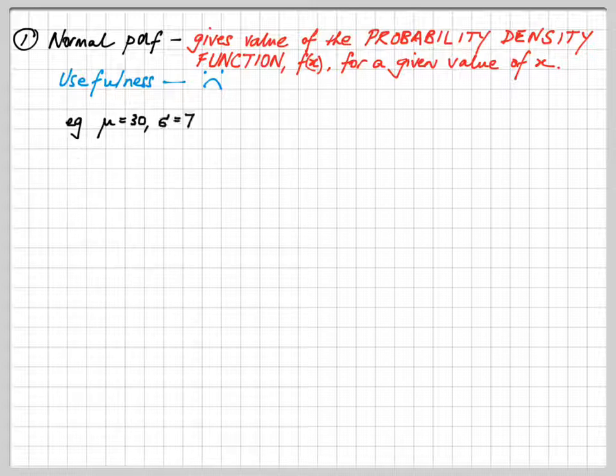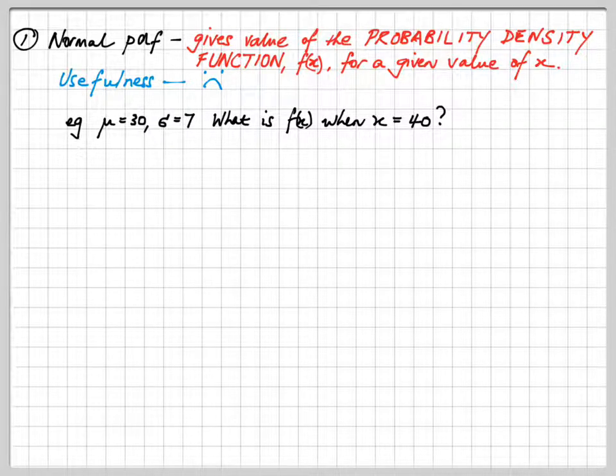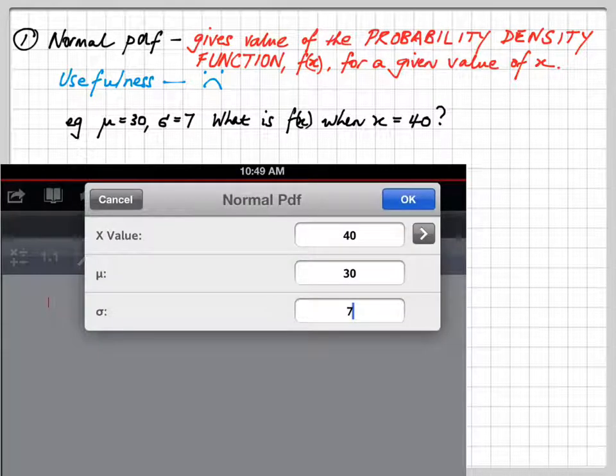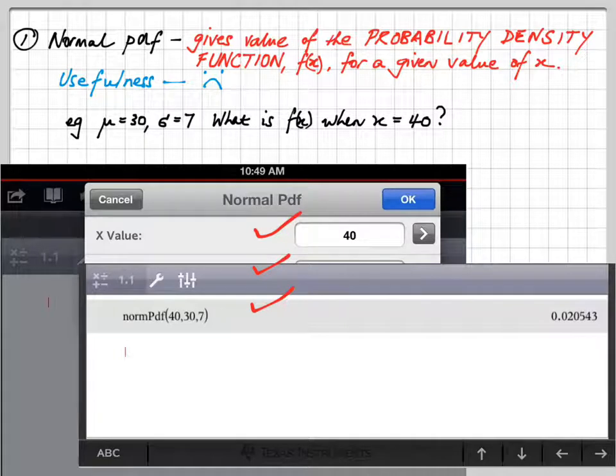So, e.g., if you had mu is 30 and sigma is 7, and someone asked you what is the probability density function when x is 40, well, you'd be able to get your device out and go into that. It asks you to enter those 3 things, the x value, the mu and the sigma, and you just push OK, and that's what you get, 0.020543.